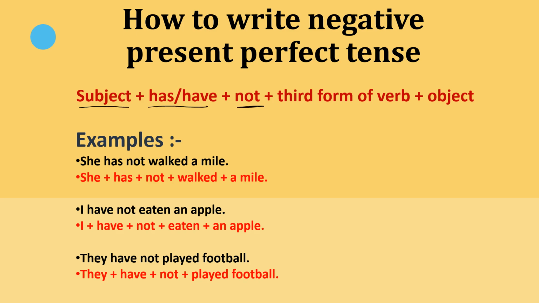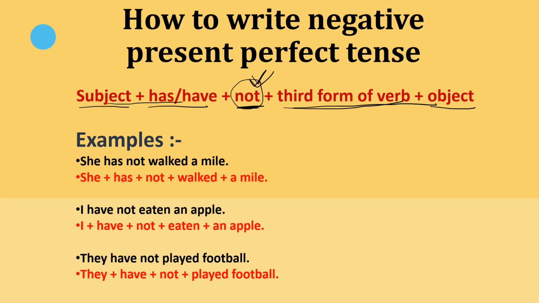We are adding not after has or have, and then the third form of the verb and then the object. The syntax is the same as the previous one, but we have to add not in order to make the sentence negative. The rest of the sentence is the same.